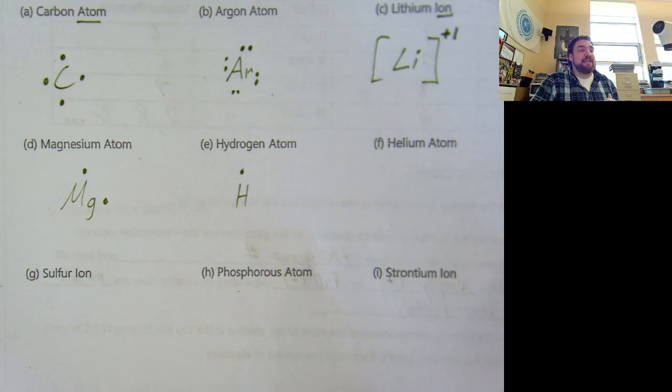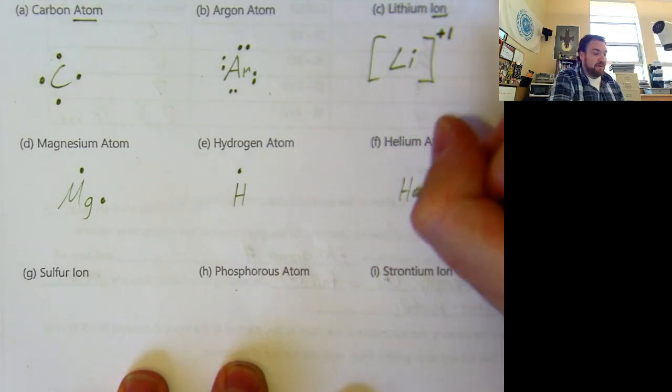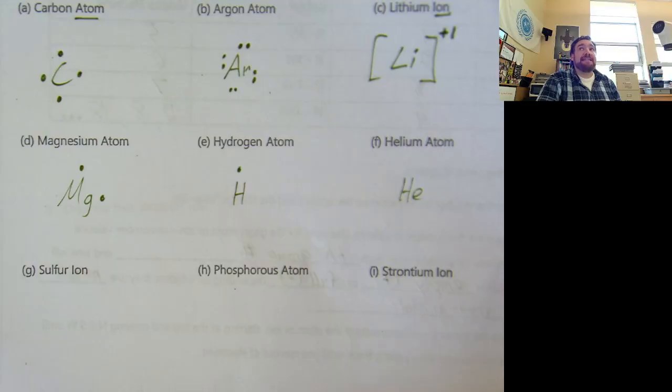Helium atom. Helium is, again, I said it a couple times and I'll say it again. Helium is the tricky one because helium is in group 18. And so all the time I see, okay, 18, 8 in the outer shell. That is only true for neon and argon. For helium, the shell is full, but it's only the first shell.